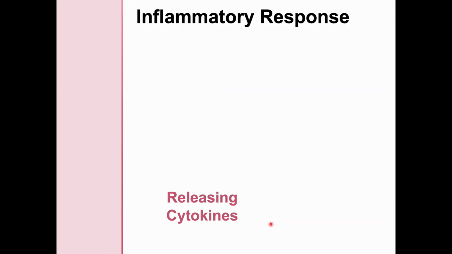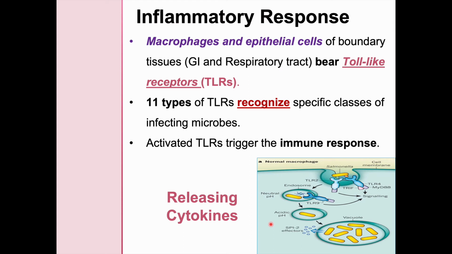Coming to the inflammatory response, the macrophages and epithelial cells of boundary tissues, for example the GI and respiratory tract, bear toll-like receptors. There are 11 types of toll-like receptors that recognize specific classes of infecting microbes. Whenever there is injury, the receptors identify the bacteria.